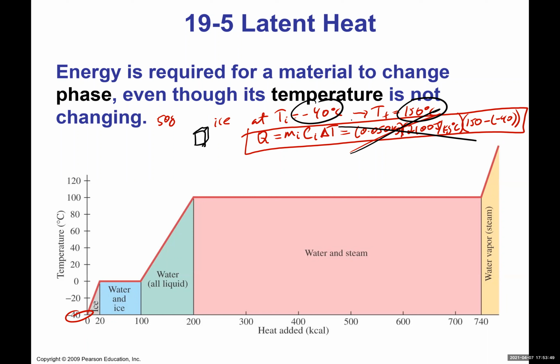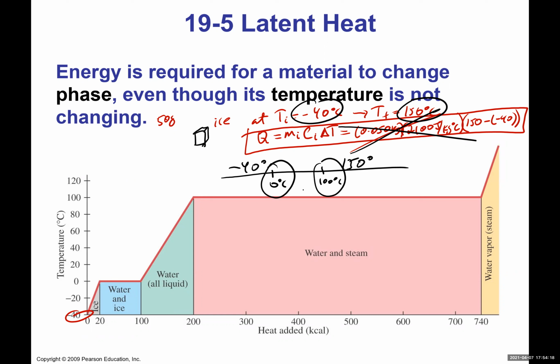That means there are other things happening when you add energy, mainly changing phase. Because we know that between negative 40 and 150, there is 0 degrees Celsius and there is 100 degrees Celsius. What are those two temperatures famous for? Well, this is the melting point of water, and this is the boiling point of water.